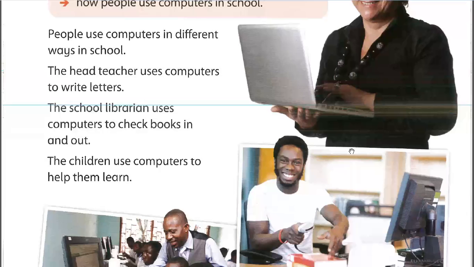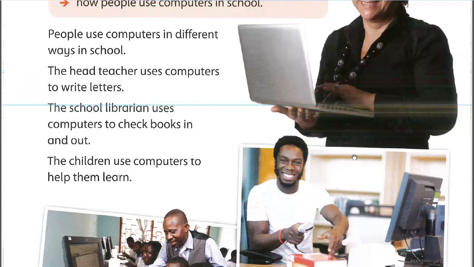So what is the second point? The librarian uses a computer to check books in and out. It means when you took the books and when you return them back to the librarian, all the data is typed and stored in the computer.